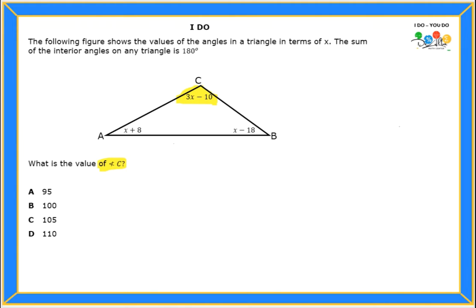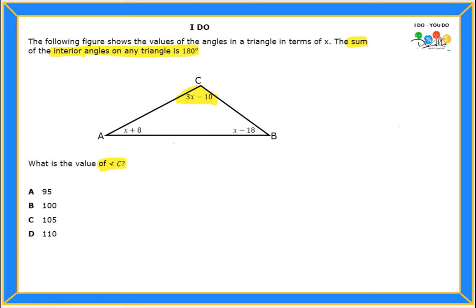But the problem is giving me something that is very important for us to consider, and it says that the sum of the interior angles on any triangle is 180. So how is that going to help me work on my question? Well, think about it from this perspective.